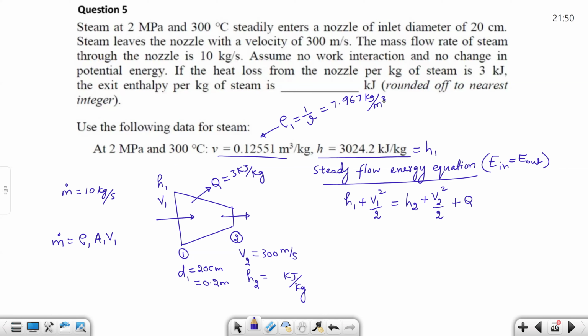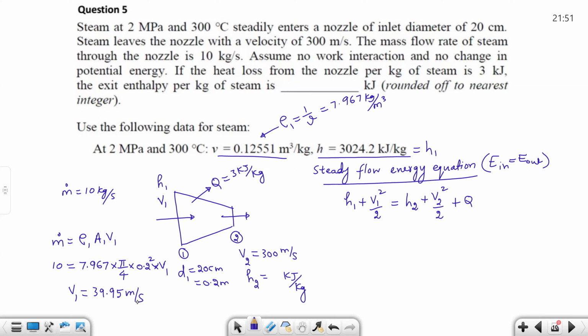Now mass flow rate is known, density is 7.967, area is pi by 4 d1 squared, into V1. So we get V1 as 39.95 meter per second.